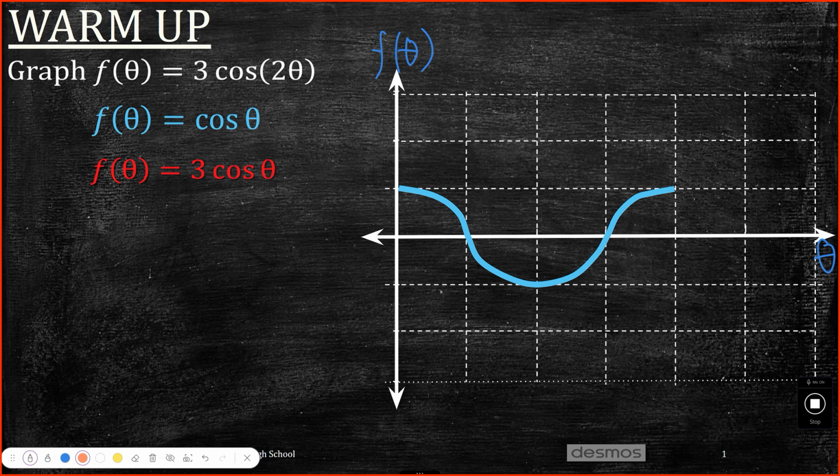What does putting a 3 in front of the cosine theta do? It's a vertical stretch. Meaning that the end of the wing is going to go all the way to 1, 2, 3. It's going to go all the way to there, and on the other side too, right here.